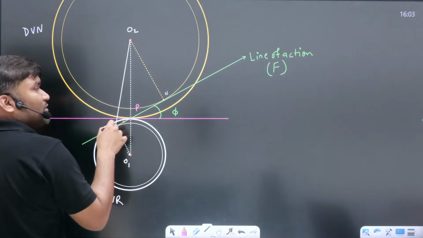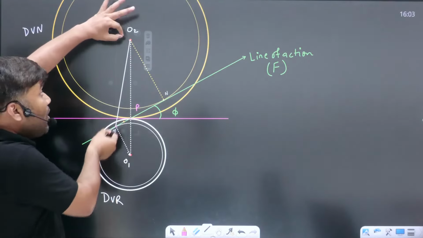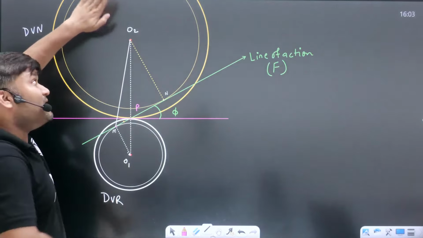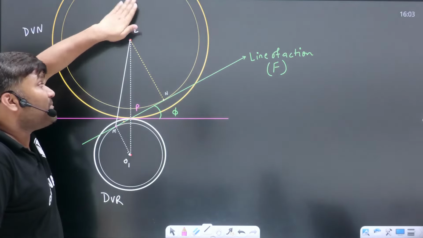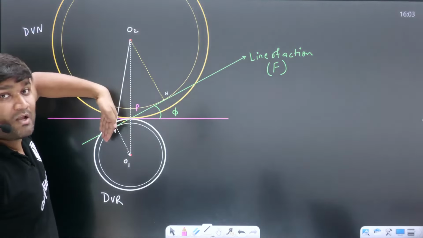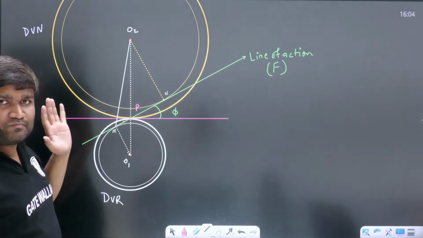If this is your radius of addendum circle of the gear, I have no problem. But if you go beyond that, your gear is going to do some interference at the pinion teeth, because now this tooth is going to touch the pinion at the non-involute portion, which is not acceptable at all. Clear hai?